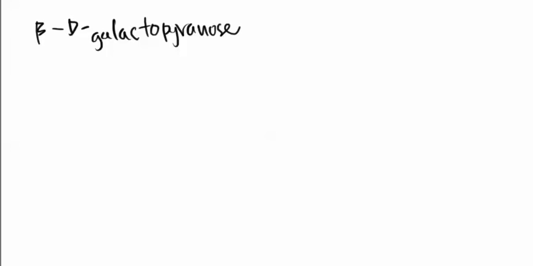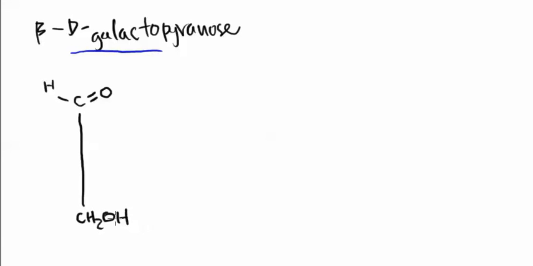We need to figure out how to draw this D-galactose. So I'm going to look that up in that chart, or hopefully I've got that memorized, and I know that D-galactose is an aldose, at least in the beginning. So galactose has the C double bond O H up at the top, and then down at the bottom of this Fischer projection is a CH2OH group.